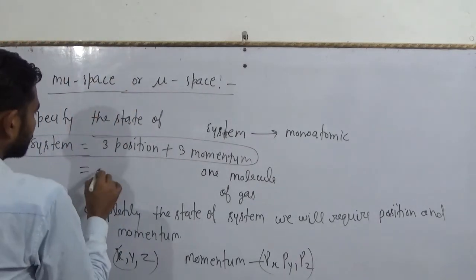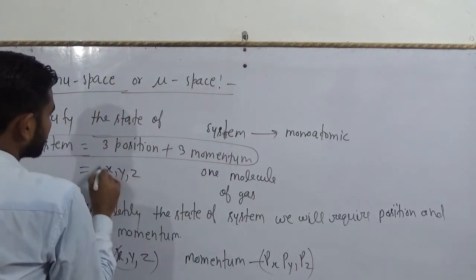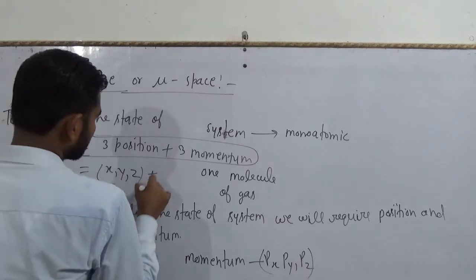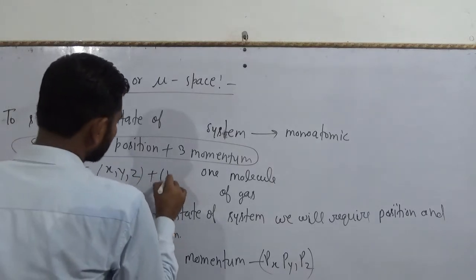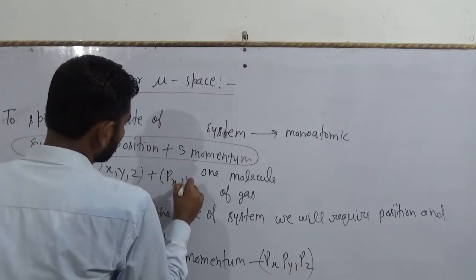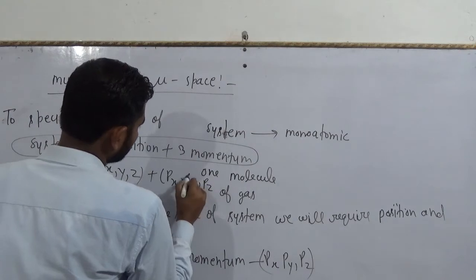The 3 position coordinates are x, y, z, and the 3 momentum coordinates are px, py, pz.